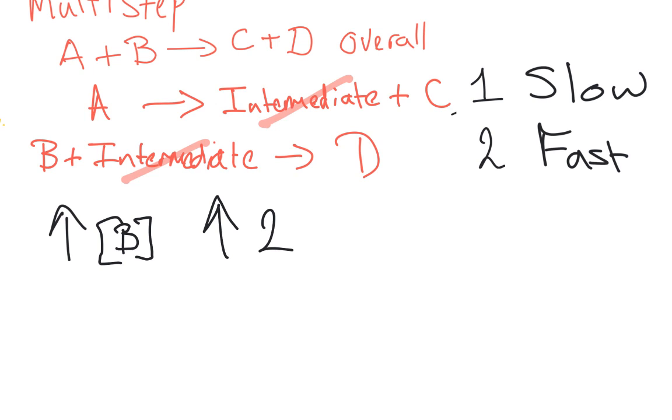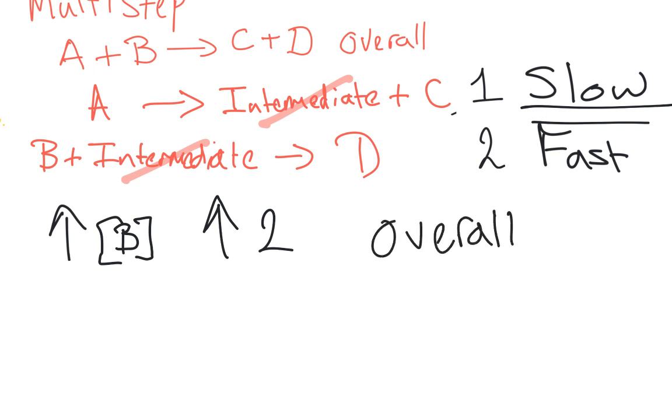And it really didn't make much difference to the overall amount of time, because if A is really slow, the majority of the time this reaction takes to happen is in step 1, where A is being decomposed. So actually the overall rate is going to be essentially unchanged, because that first step is so slow, it takes so long, that if you increase the speed of the faster second step, it's really not making much difference to the overall time.